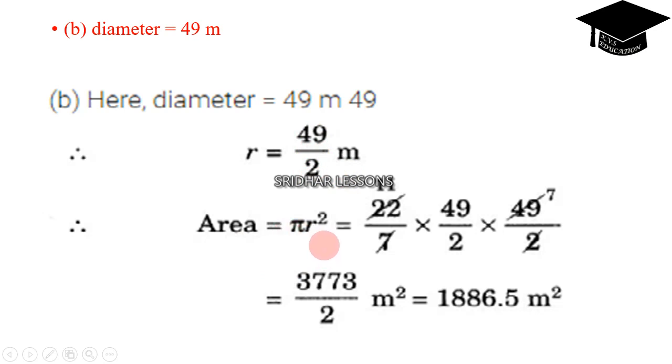So pi value is 22 by 7 into radius 49 by 2 into 49 by 2, because the formula is pi r square. Okay, upon cancellation, 3773 by 2 meter square. This equals 1886.5 meter square. This is the area.